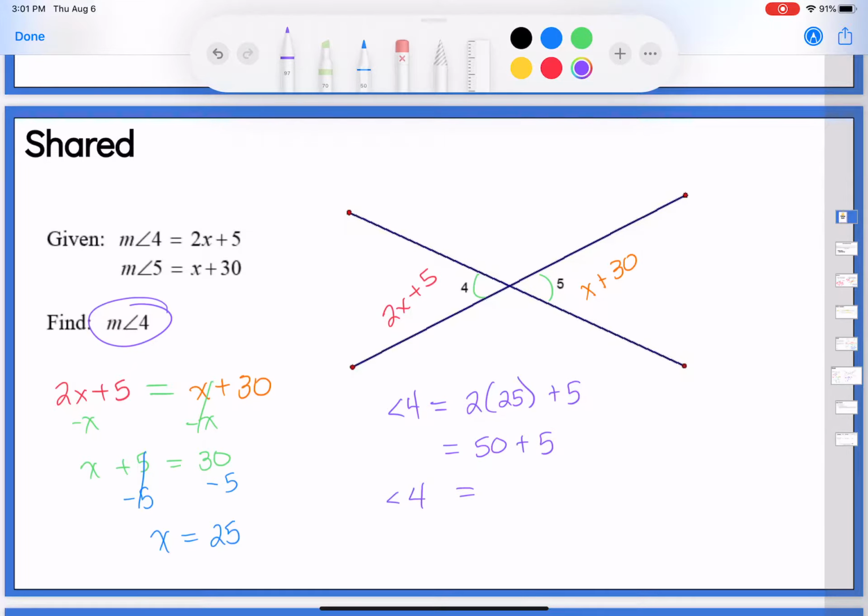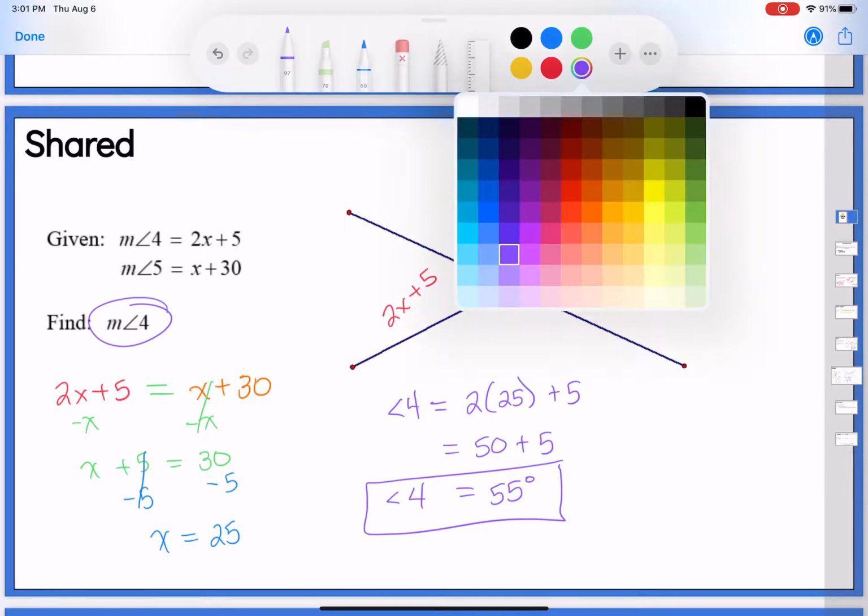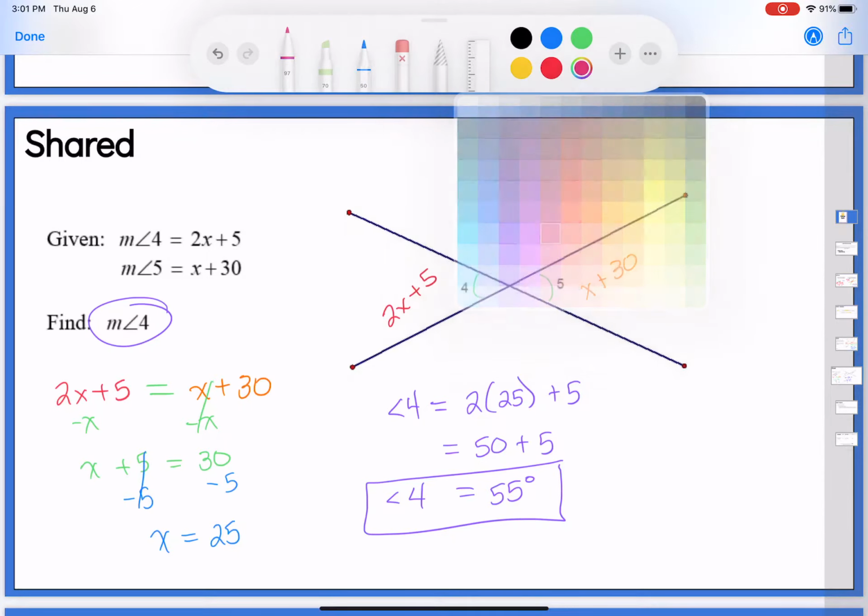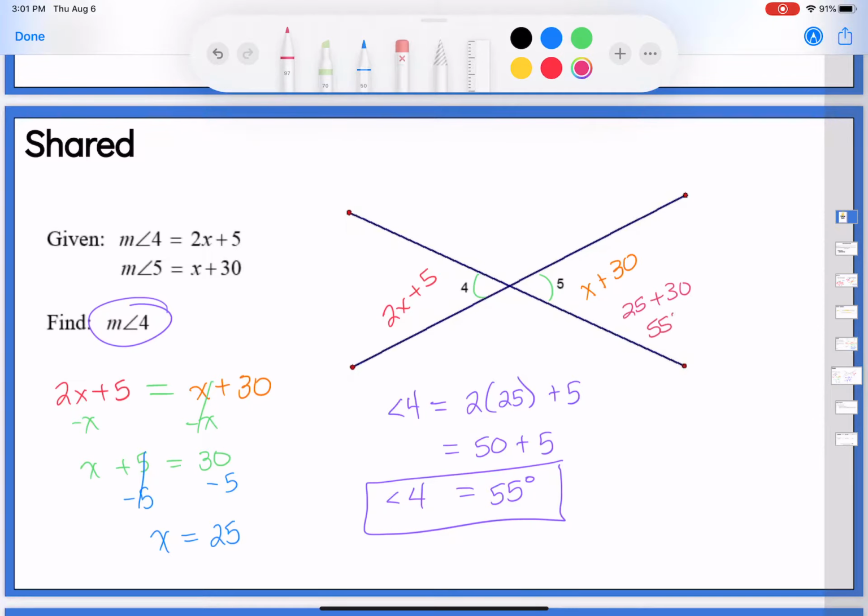So angle 4 equals 55 degrees. And you could always just double check and plug into your other one and make sure that would make sense. If I just to double check and I said, well, what is 25 plus 30? That does equal 55. They are equal to each other because they're congruent, so I didn't goof anything up. So angle 4 equals 55 degrees.